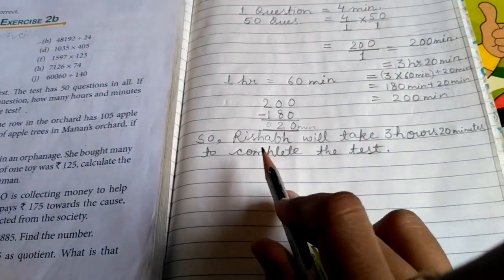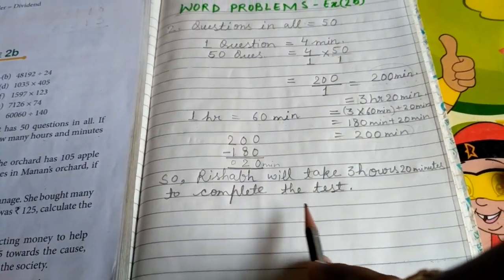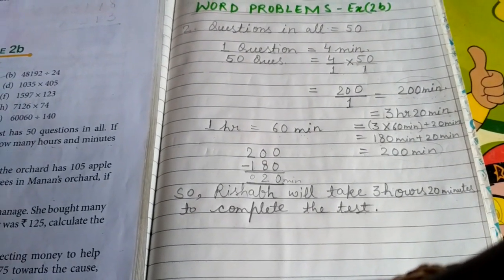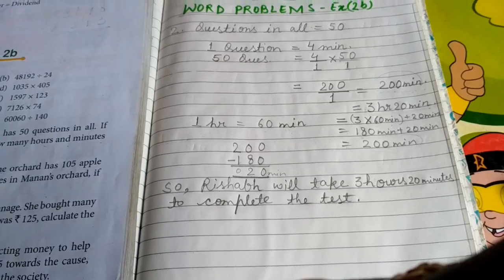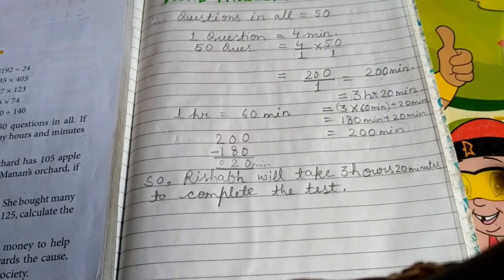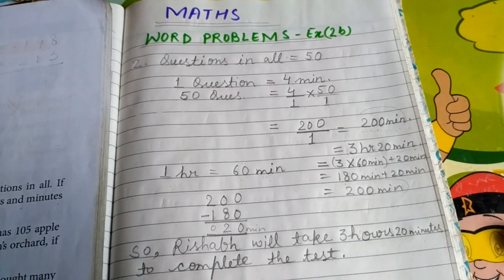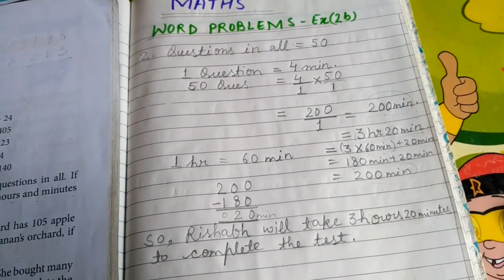Okay. One concluding statement is also to be written when you have solved the calculation part in word problems. Then only your word problem will be said to be completed in proper sense.